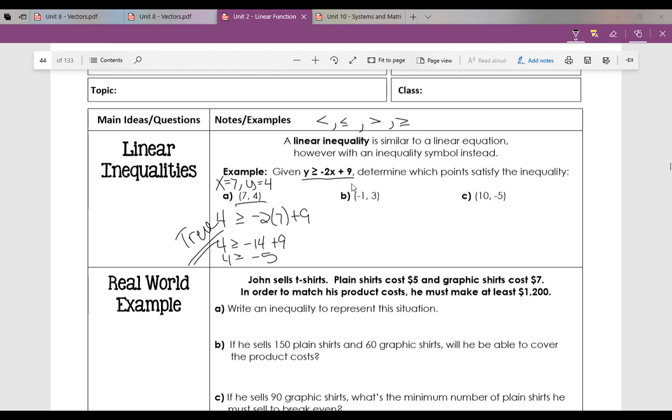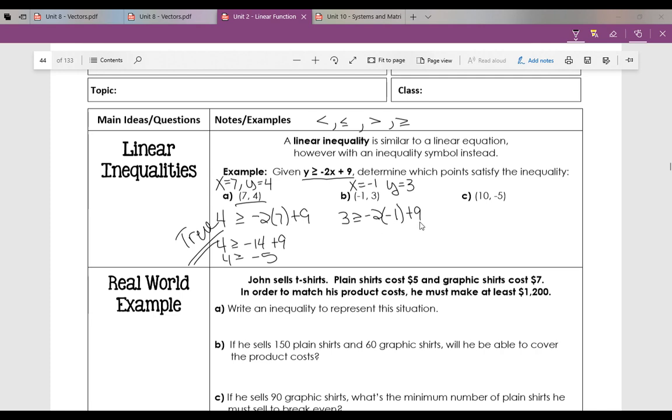So same thing in part B. They tell you your x value is negative 1, and your y value is 3. We're going to plug it into the same problem and see if it does make the left side greater than or equal to the right side. So that would be 3 going in for y. We're going to replace x with negative 1.